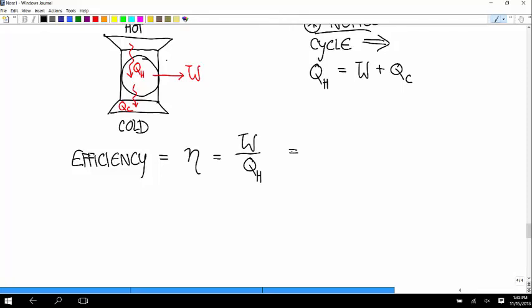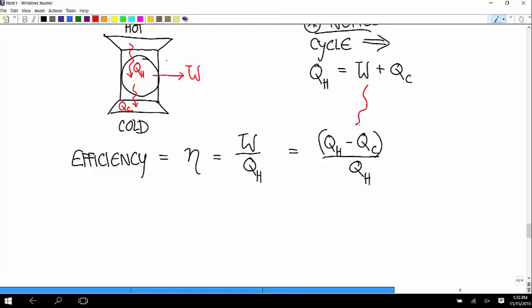And notice that I can rewrite this. So this intuitive form, the work over the heat coming from the boiler, if I rearrange the relationship between QH and W plus QC, I can write this as QH minus QC in the numerator divided by QH in the denominator.